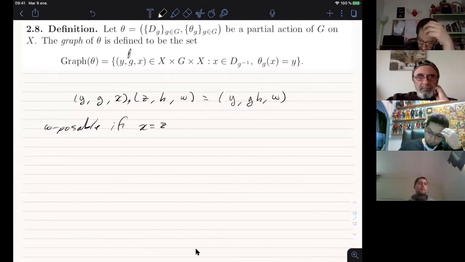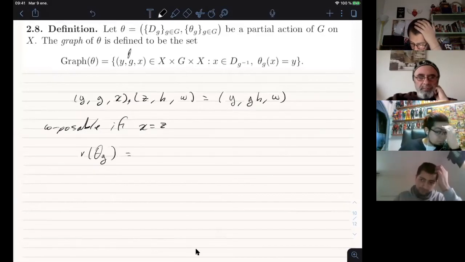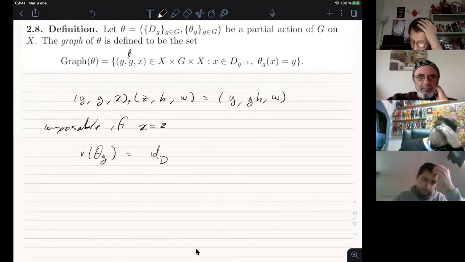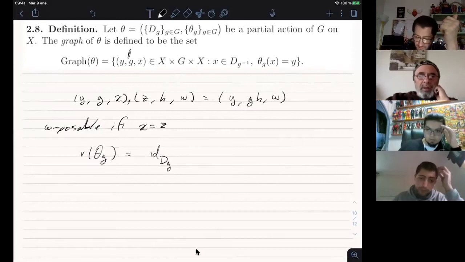So, for example, if we compute r of theta g, what we're going to get is something like the identity map on the g. So to speak, again, the range map in the groupoid sense. Yes, I'm sorry.